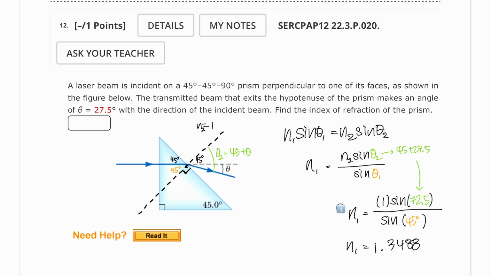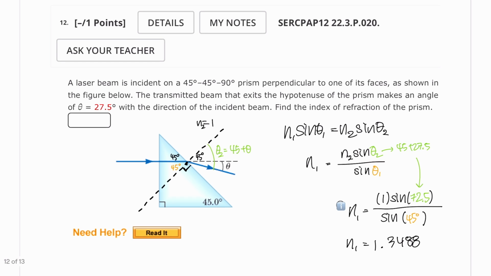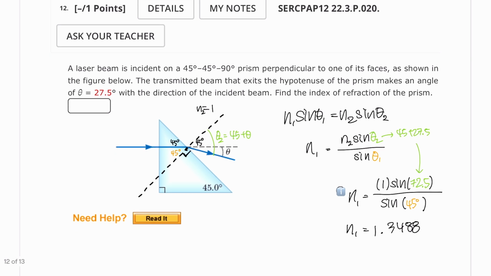So theta 1 is going to be equal to 45 degrees, and theta 2 is going to be equal to 45 plus this extra theta, because it's about the normal line. So it's this angle. I plugged in all the values here, used Snell's law, and that's how I solved for n1, which is here.